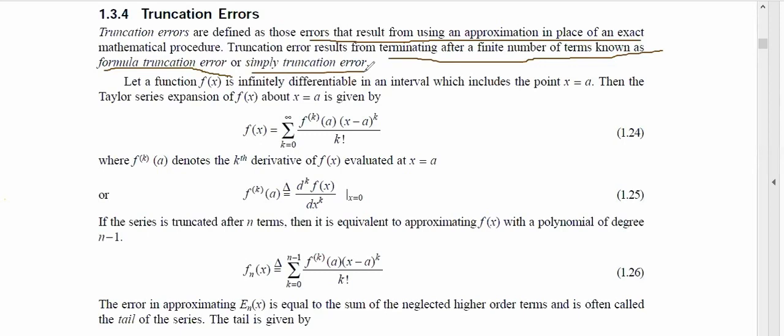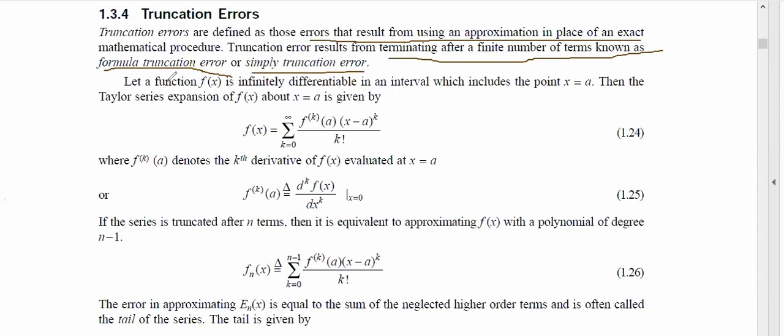So this must be very clear. This error occurs out of an approximation, and that approximation is supposed to replace the exact mathematical procedure or formula, because the exact is not possible for us to consider.